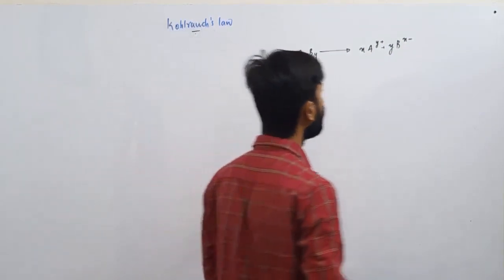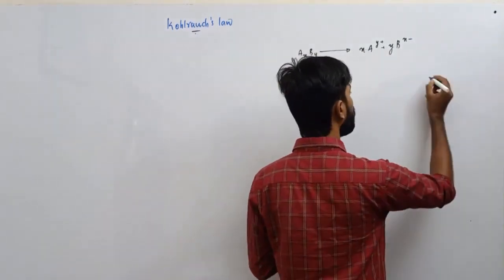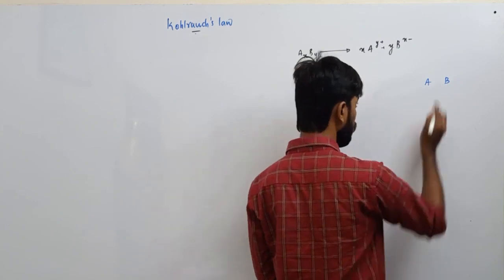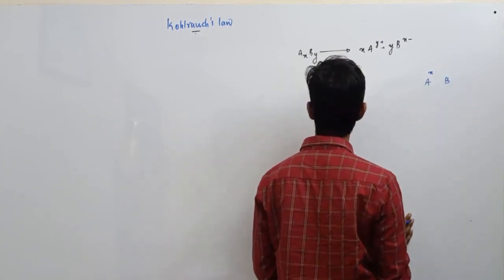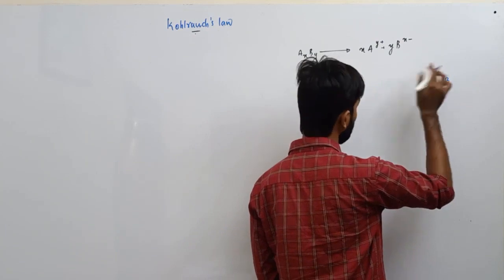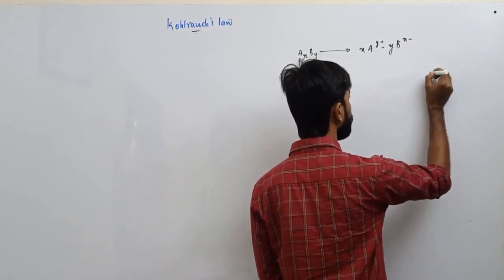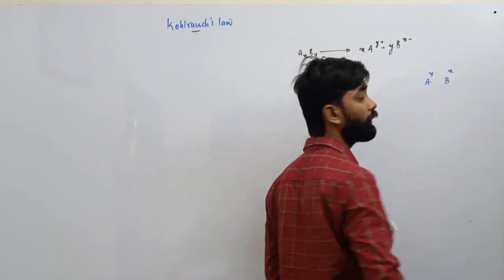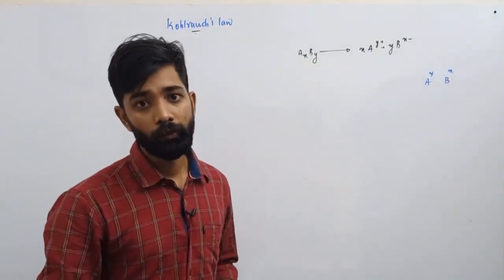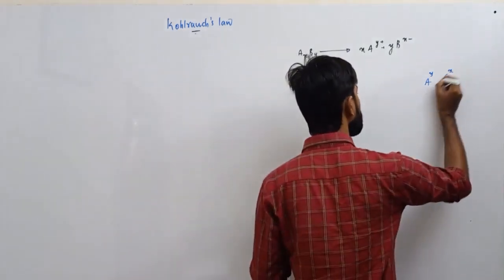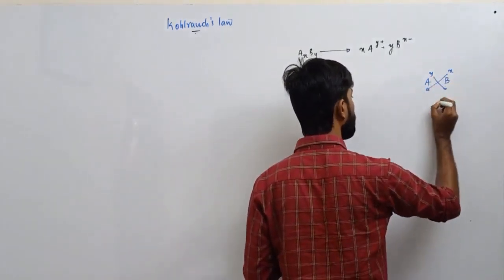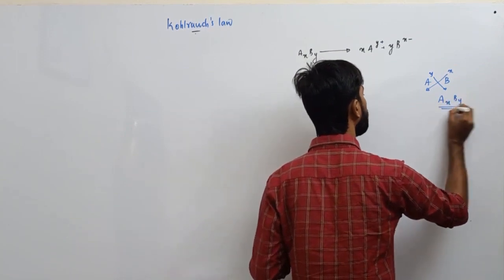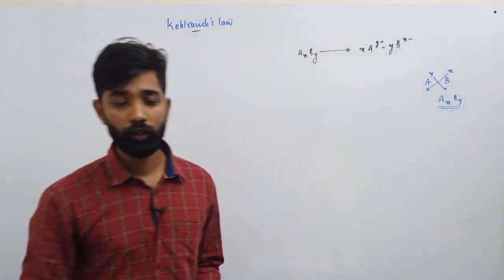We know that this is a compound of A and B, with the valency of A written on the top of A, let it be y, and valency of B written on the top of B, let it be x. Then by interchanging their valency, we can formulate the chemical formula.